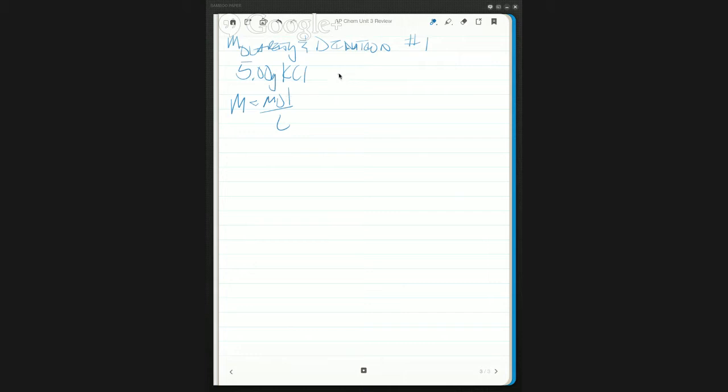So KCl, I look in my periodic table, make a bridge, and 1 mole of KCl on top. And when I add those two together, K is 39.10 plus Cl, which is 35.45, and I get 74.55 grams of KCl, which means that I've got 5 divided by 74.55.